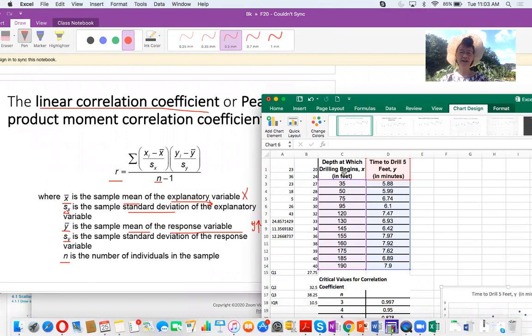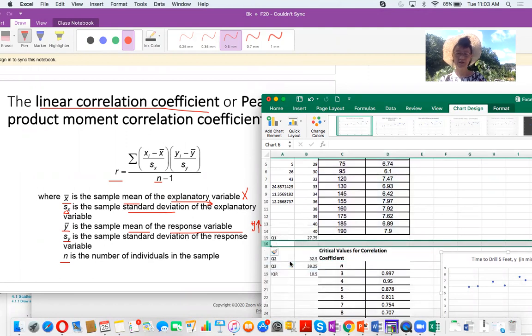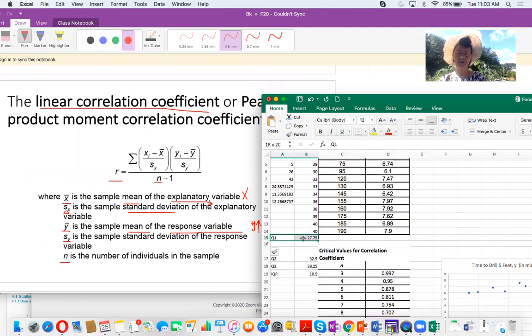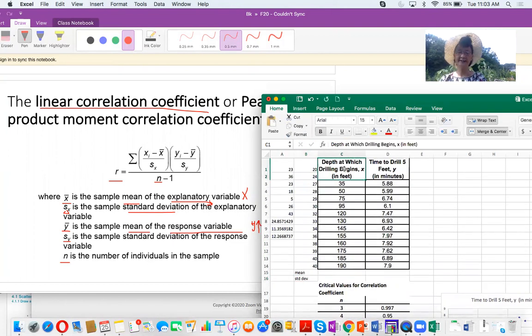So this is the original data. What we need to do, I'm going to insert, we need some space. I'm going to delete some data. I need space to calculate X bar, Y bar, Sx, Sy, okay? So we need to calculate the mean and the standard deviation for, this is my X, see the X, this is my Y, okay?